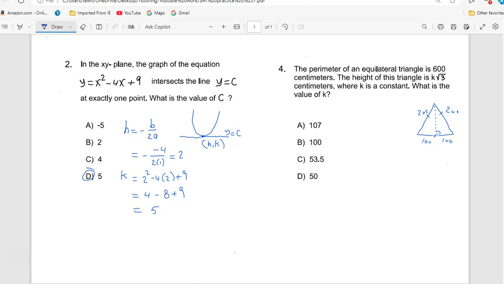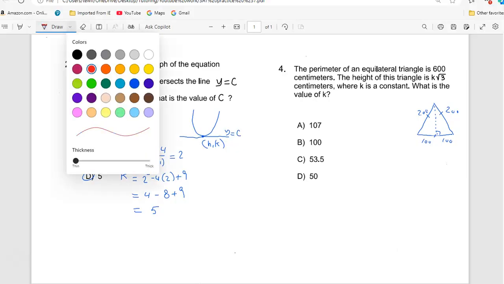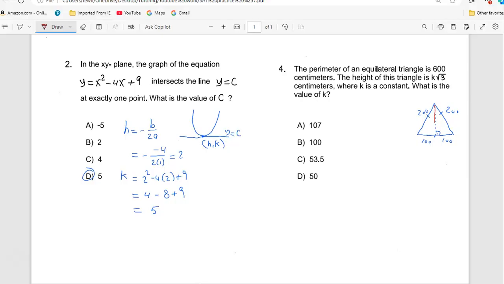I have a right triangle here, and I'm going to concentrate on this right triangle to find this height. We can use the Pythagorean theorem: this leg squared equals the hypotenuse squared minus the other leg squared.